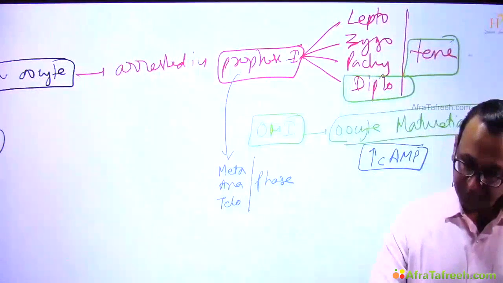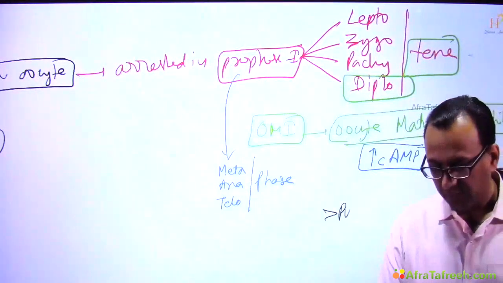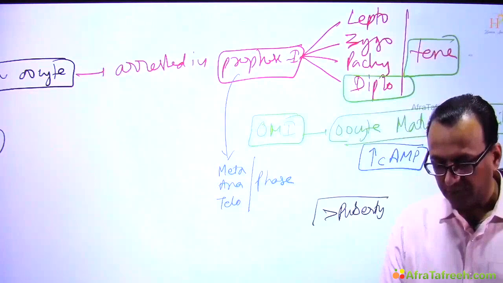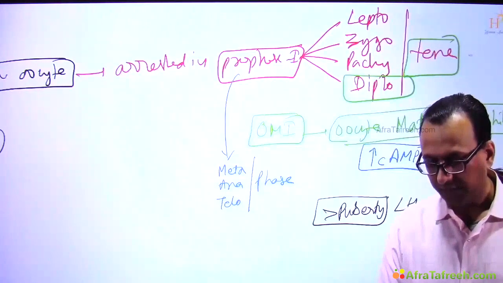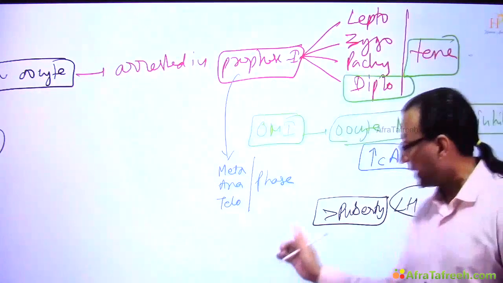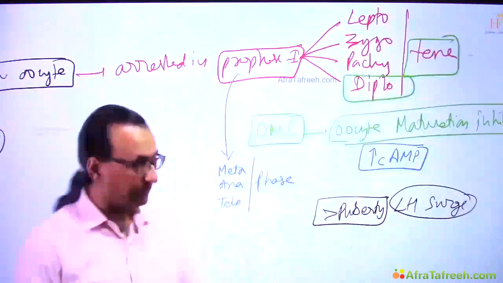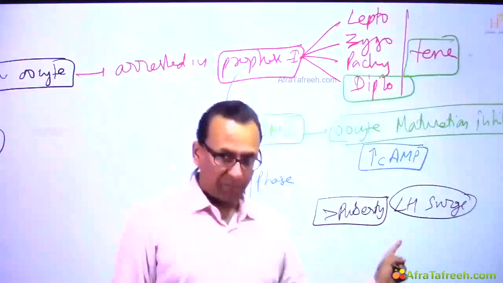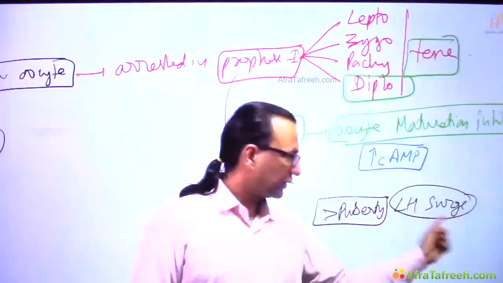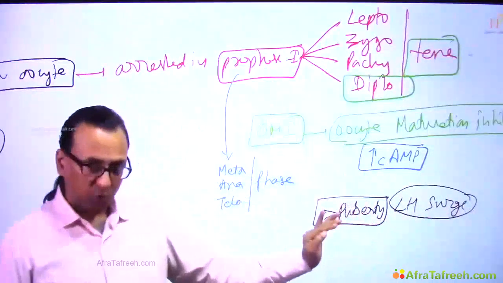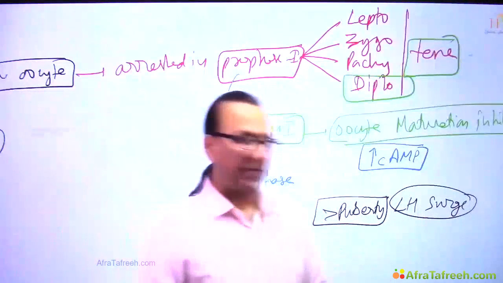Now, once the girl has achieved puberty, she will start having the LH surge, and when she is having the LH surge, you will find that there is a change of cyclic AMP. Now it is going to reverse the level of cyclic AMP.